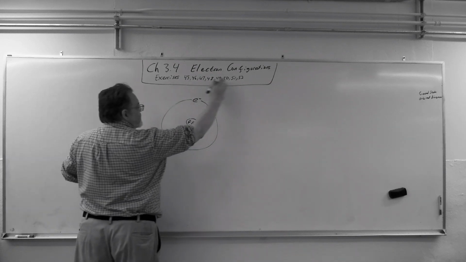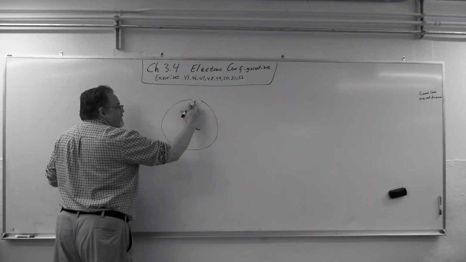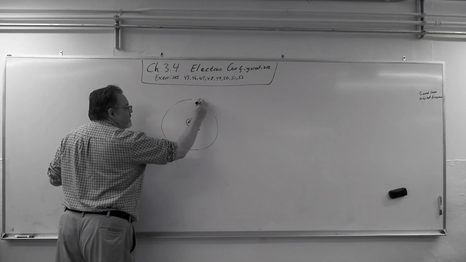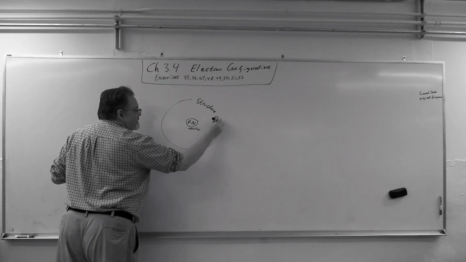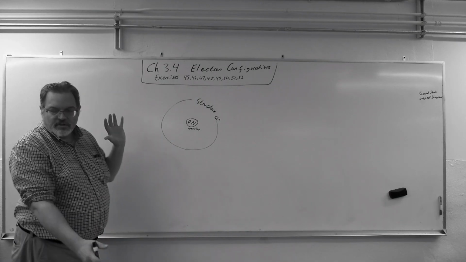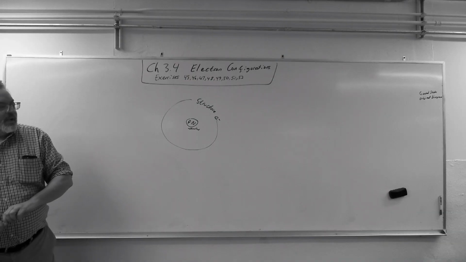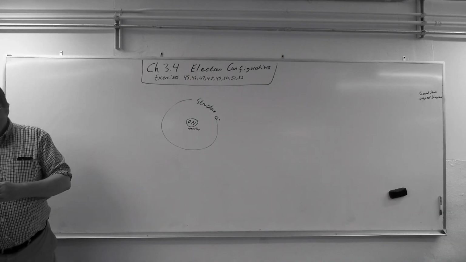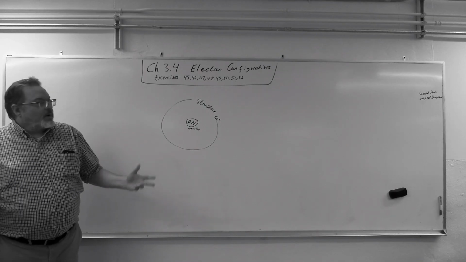But the electron configurations, if we look a little closer at the atom, there's a particular structure that the electrons take on out here. So it's just a little more detailed about the electrons and how they structure in an atom. And it's very closely related to the periodic table and why the periodic table has the shape that it does. So this is where we are.